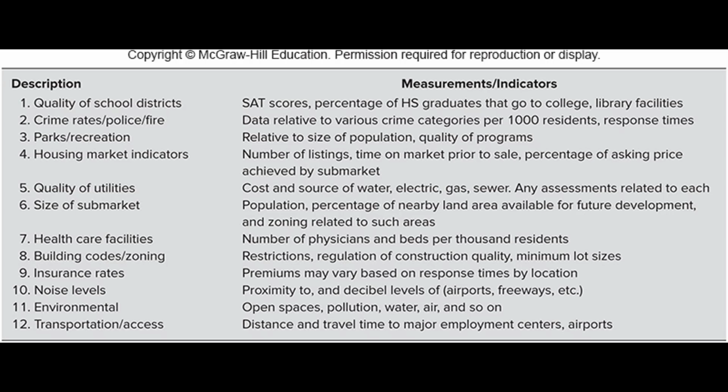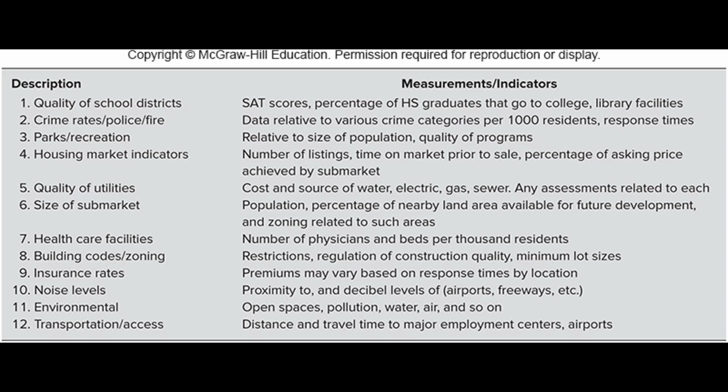It gives you a sense of whether a location is walkable or car dependent, because more and more people want to be able to walk to places instead of having to use their car, because that makes it less expensive since I'm not relying on a car or public transportation to get where I need to go.